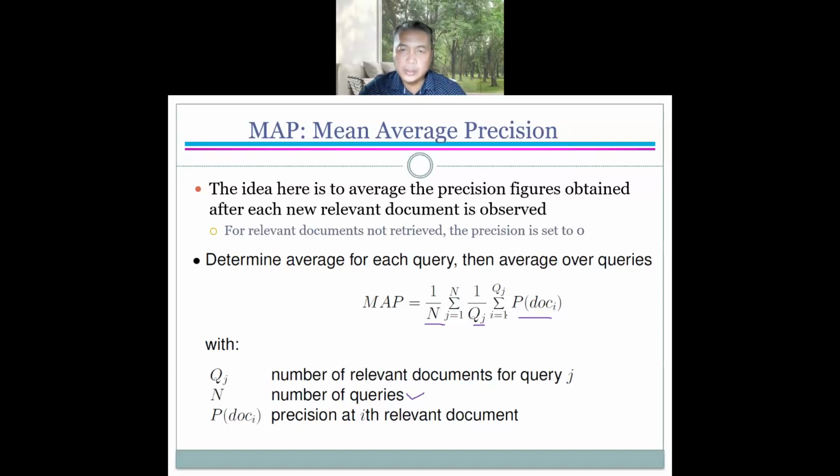So basically we want to add up all the precision, divide by the number of relevant documents, and then divide by the number of queries. Okay, how do we apply this one?